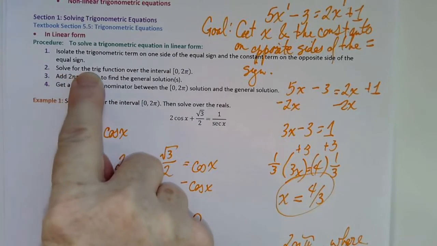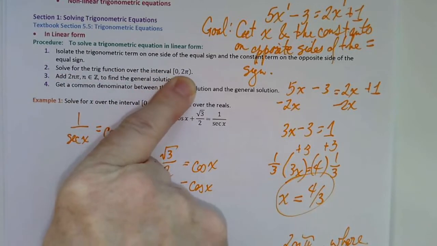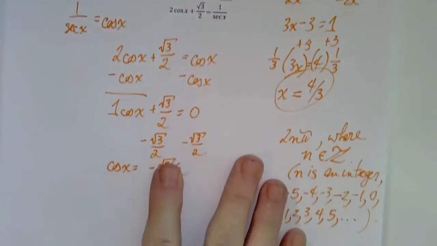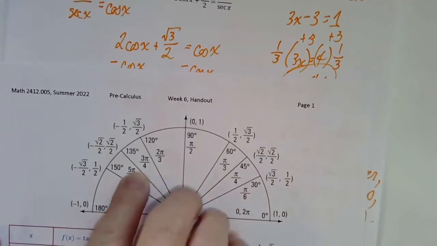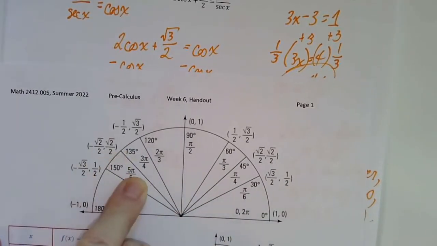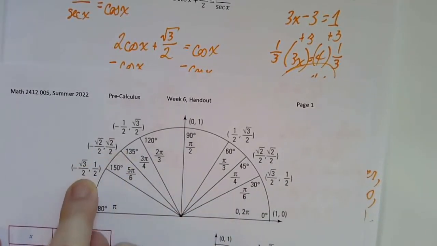Now I want to solve this function between 0 and 2 pi. So where between 0 and 2 pi is the cosine equal to negative square root of 3 over 2? Well, here's part of the unit circle. And I can see that the cosine of 5 pi over 6 is negative square root of 3 over 2. So I know cosine is negative in quadrant 2.